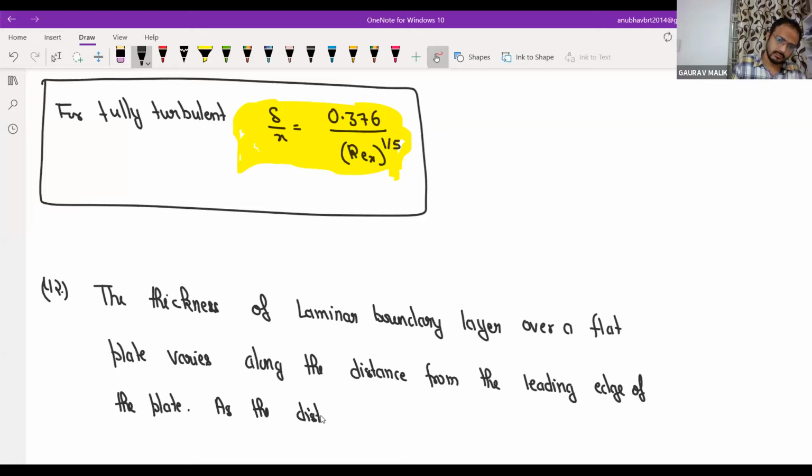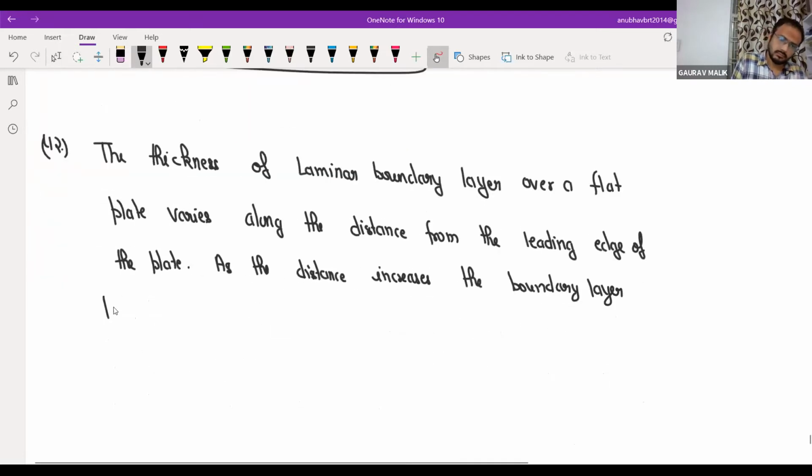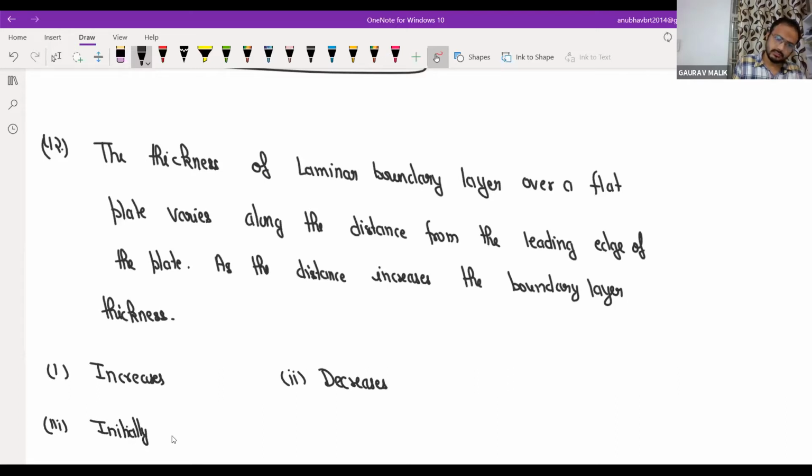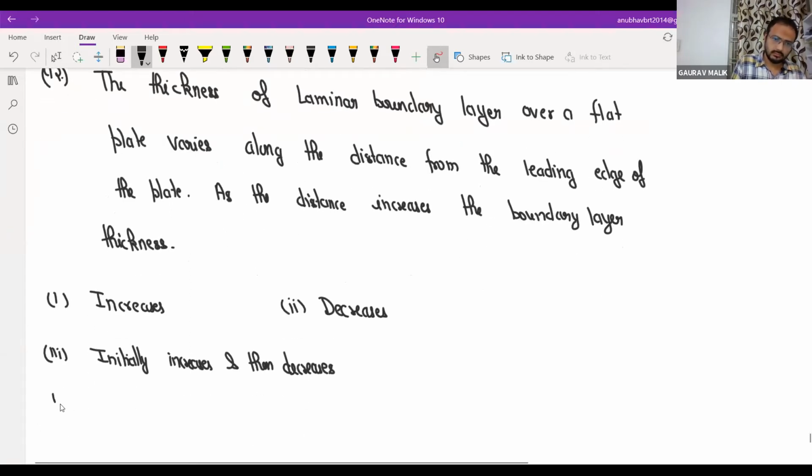As the distance increases, the boundary layer thickness: first option increases, second option decreases, third option initially increases and then decreases, fourth option initially decreases and then increases.